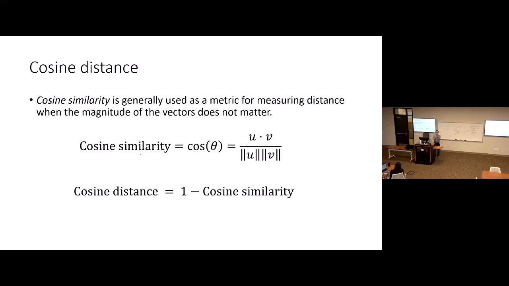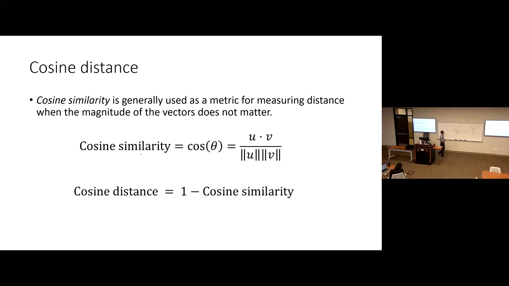No similarity in an orthogonal direction. If the two vectors go in different directions, the similarity is -1 because cosine 180 degrees is -1. So this is the measurement of similarity.